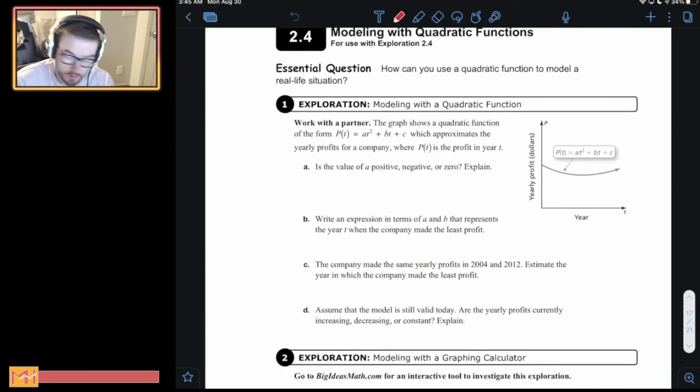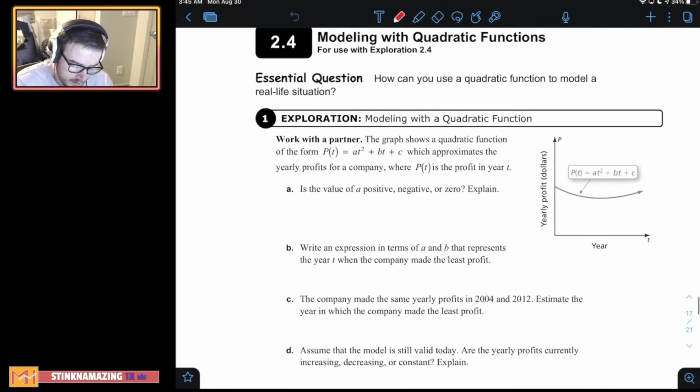So, still sticking with our quadratic functions, let's take a look at what this has to say. The graph shows a quadratic function p, which approximates the yearly profits for a company, and t is time and p is the profits. If you're looking at this graph, the profits were up here, went down a little bit, and then back up, and now they're going to keep going up. That's how a quadratic function works.